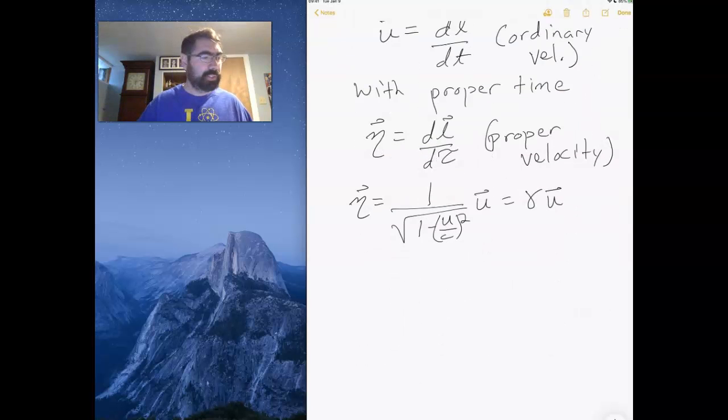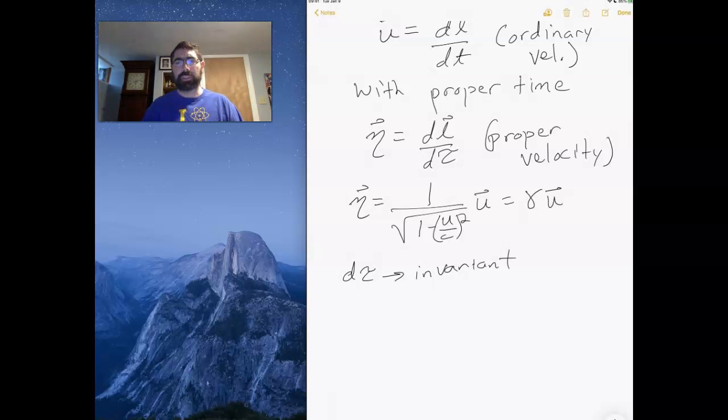Well, the point is that my proper time is going to be invariant. If I declare the proper time and do a measurement, and you declare proper time in your frame and do a measurement, those proper times should be the same, because we've each declared our frame of reference to be the one that is at rest.